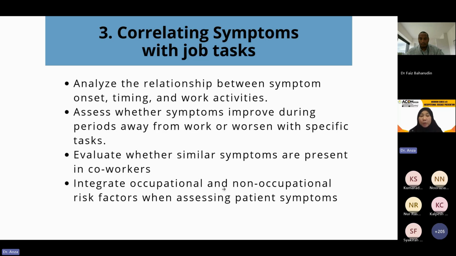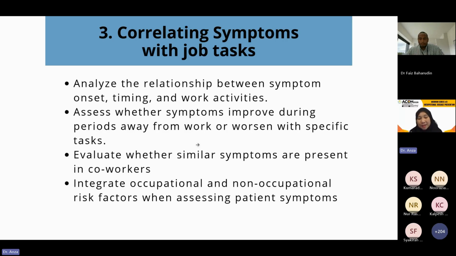After we take the presented illness and ask about the exposures, now we need to correlate symptoms with the job task. We need to analyze the relationship of the symptom onset, such as in occupational asthma. We need to assess whether the symptoms improve during periods when they are on leave, and evaluate whether the symptoms are present in other colleagues as well.